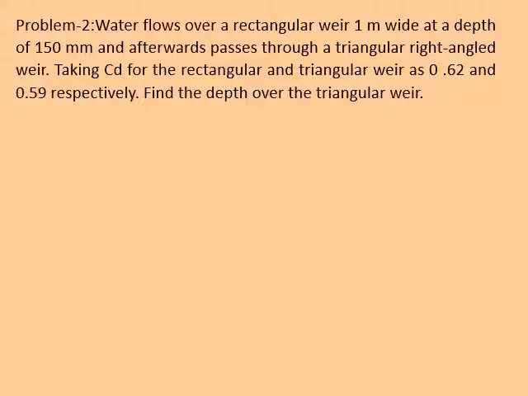This numerical is related to both a rectangular notch as well as a triangular notch. Initially water is flowing through the rectangular notch of width 1 meter and depth of 150 millimeter, and afterwards the same discharge will be flowing through the triangular right angle notch or weir. So we have to find out the depth of the water over the triangular notch.